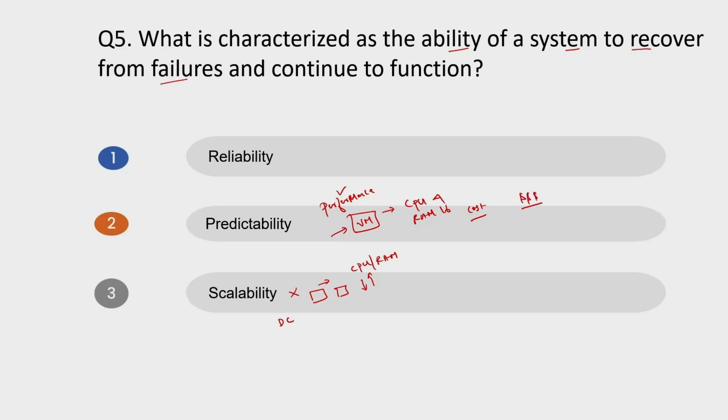For this month, if I am using this virtual machine, I know that this will be the cost. So I am basically predicting performance and cost. So predictability doesn't solve this question. The right answer will be reliability.